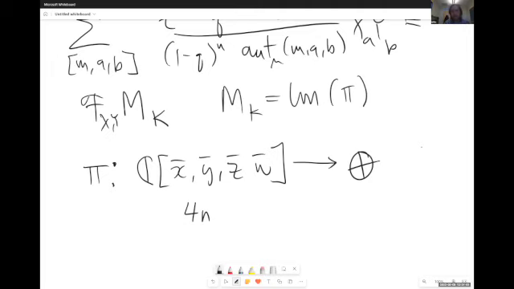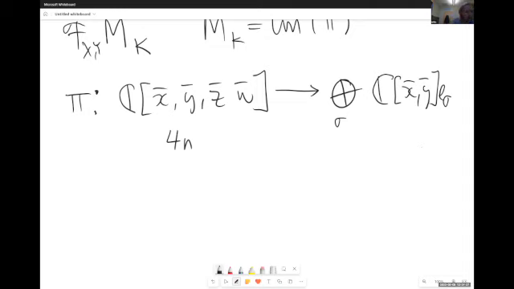Totally unrelated to capital X and capital Y, just a totally different set of variables. Into the free module of rank n factorial over just the x and y variables. And I'll call the basis vectors E sub sigma.